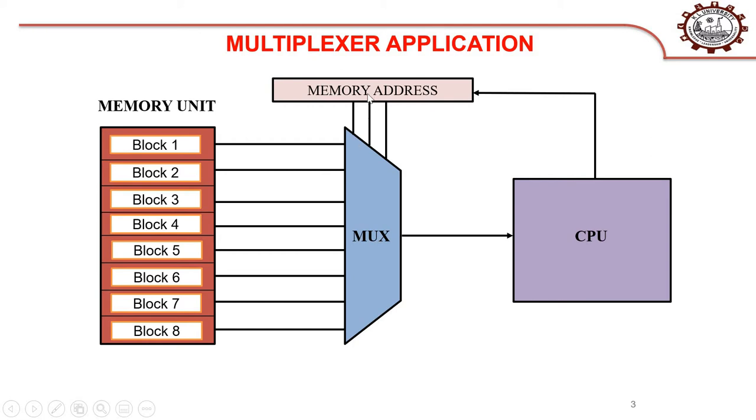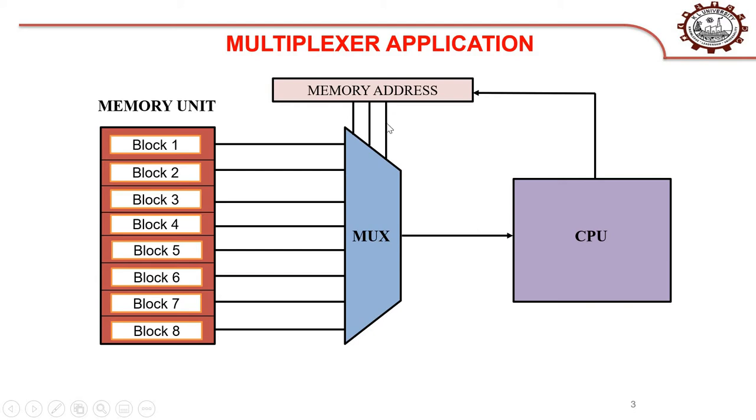In this case we consider the memory address as the selection. Block 1 has one address, block 2 has another address, block 3 another, and like that each block is accessed through its address. That address selection is done from the memory address block, which is connected to the multiplexer. Here 3 selection lines are there, so 8 inputs of the multiplexer can be accessed with 3 selection lines.